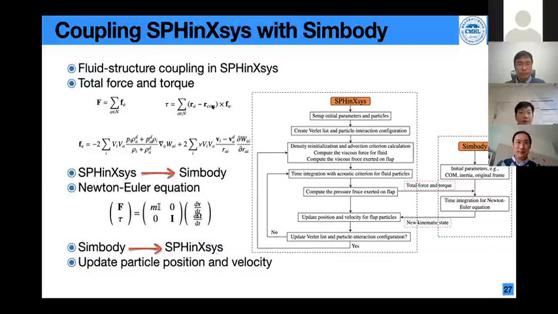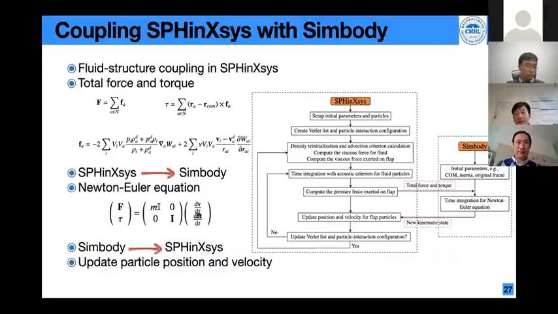In the present coupling procedure, the fluid-structure coupling is conducted by SPHinXsys, and then the total force and torque exerted on the solid is computed. Then the total force and torque is sent to Simbody, and Simbody will solve the Newton and Euler equation.